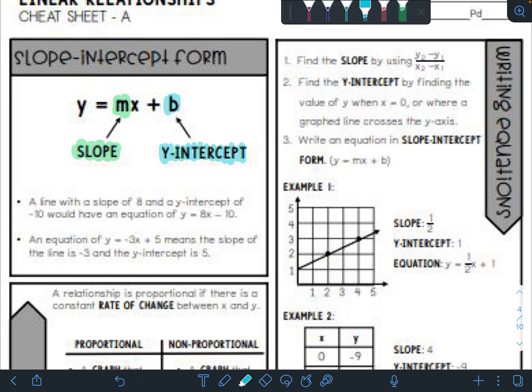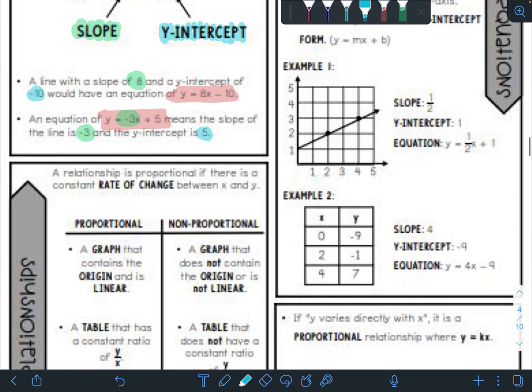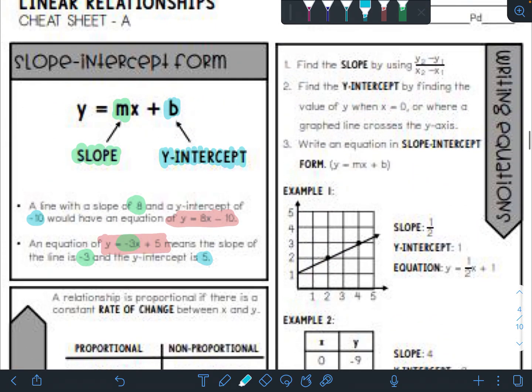So if we had a line with a slope of 8 and a y-intercept of -10, my equation would be y equals 8x minus 10. If I had an equation of y equals -3x plus 5, I know that my slope is -3 and my y-intercept is 5.